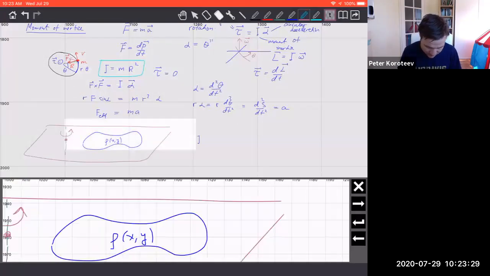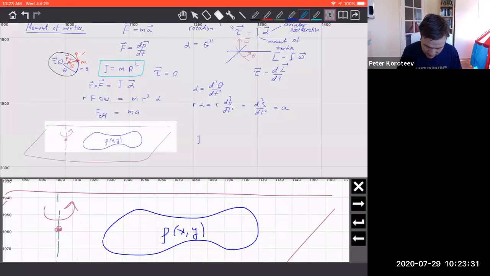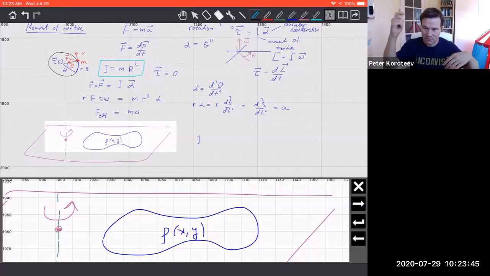Other questions? Okay, so now say you have this shape in the plane, and you want to rotate it. Coming back to our pizza analogy from yesterday, you're cooking a pizza and spinning this disc around the axis, and you want to find the moment of inertia of this thing.